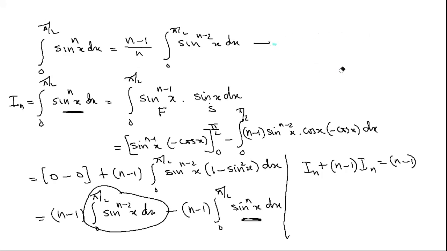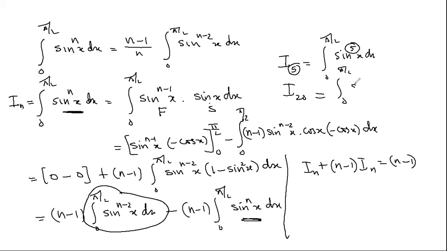Now for the students who have not understood, this notation means I_5 is integral 0 to pi by 2 sine raised to 5 x dx. Whatever number you write here is the power of sine. I_20 means integral 0 to pi by 2 sine raised to 20 dx. Understood? So this power is n minus 2, so this became I_(n minus 2).